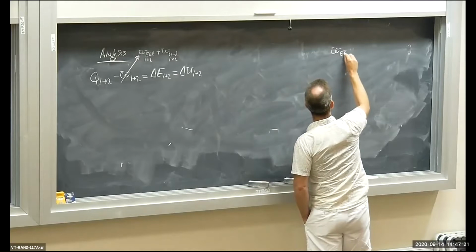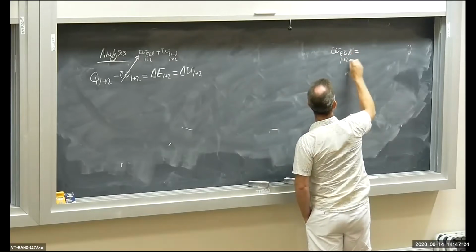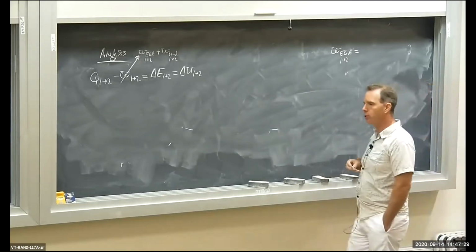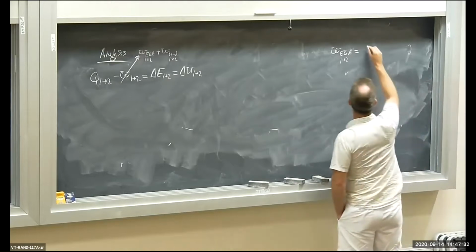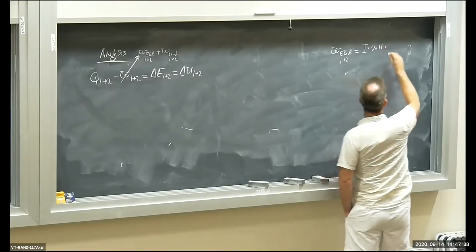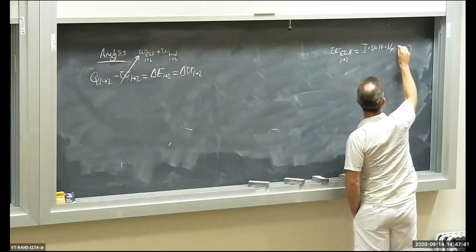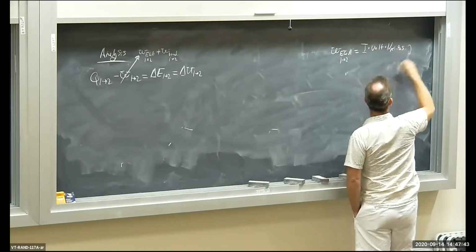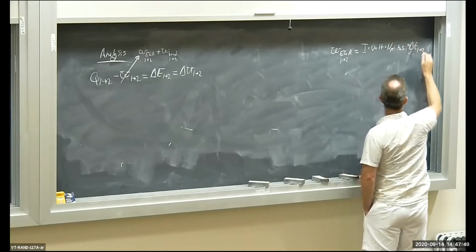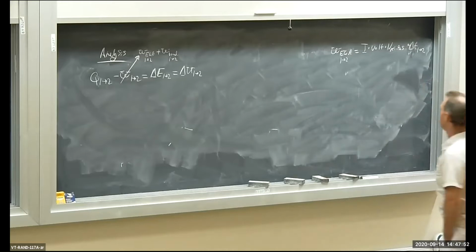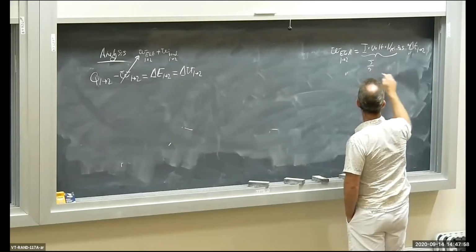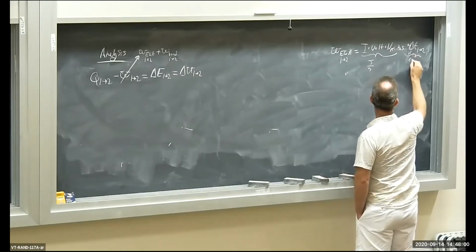W electric from 1 to 2. Well, that's going to be equal to the current times the voltage, so I times the voltage times the number of resistors times the time in which they're on, delta T1,2. This guy here has units of joules per second. And of course, this guy has units of seconds.